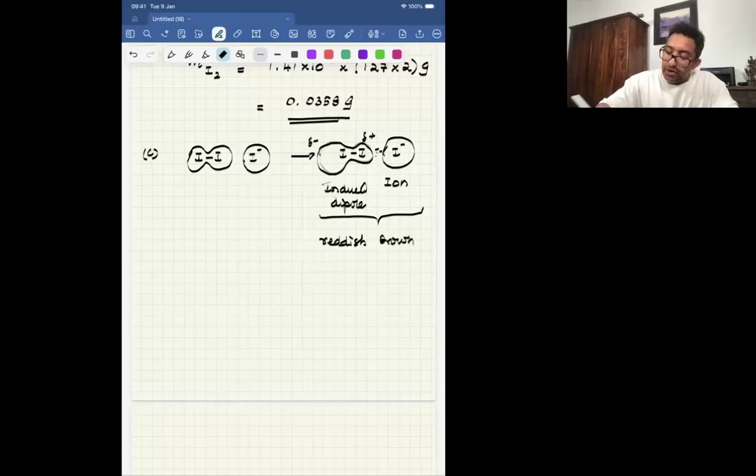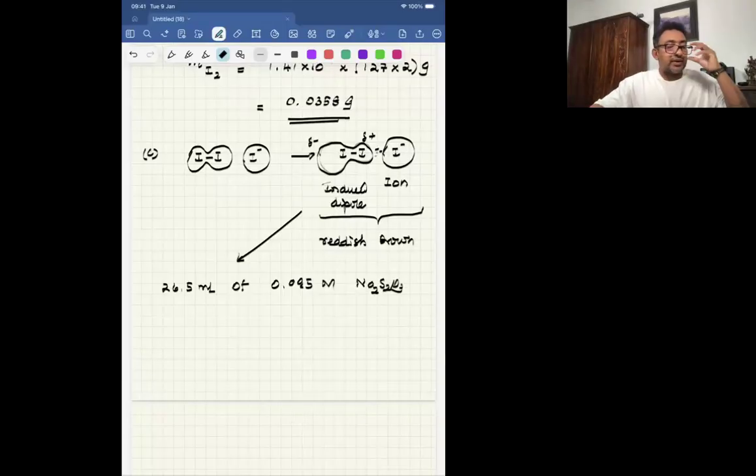Required 26.5 milliliters of 0.095 molar sodium thiosulfate to titrate the iodine. What is the molarity of the iodine solution and the mass of iodine per cubic decimeter?